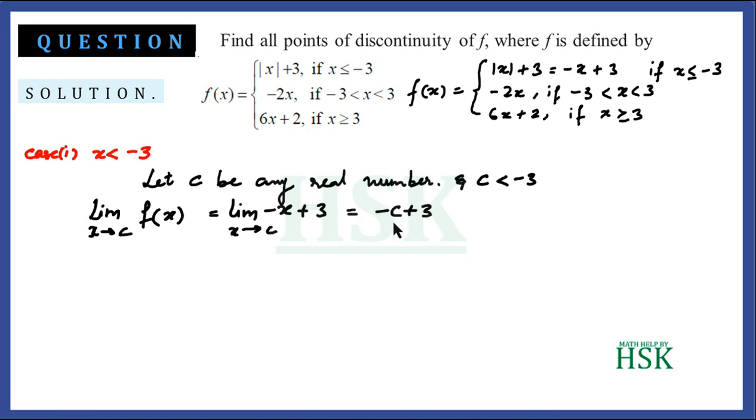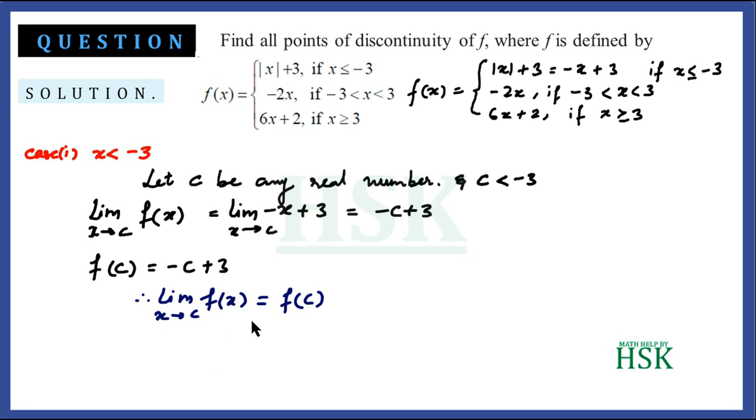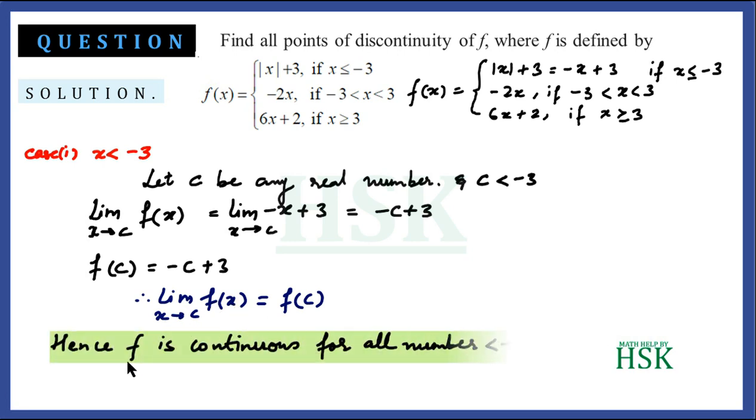On applying limits, this would be equal to minus c plus 3, and f(c) is equal to minus c plus 3. That is the value of this function at x is equal to c. So this means that the limit of the function when x tends to c is equal to f(c). Hence f is continuous for all numbers less than minus 3.